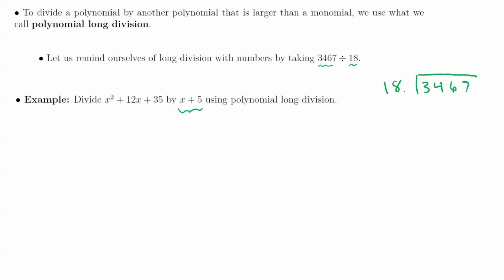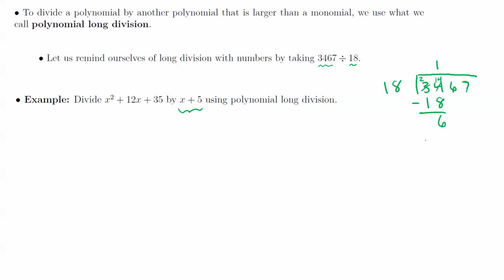So we would say 18 divides into 34 one whole time, and you're going to put that 1 right over the last digit of 34. Then you'll recall you go 1 times 18 and put that there, and then you subtract it off.